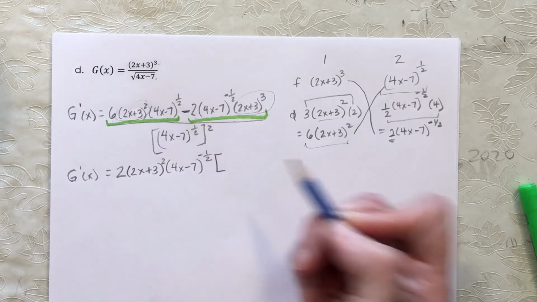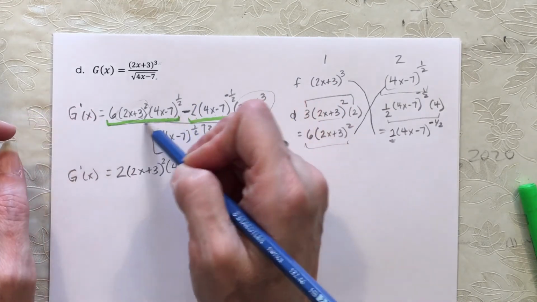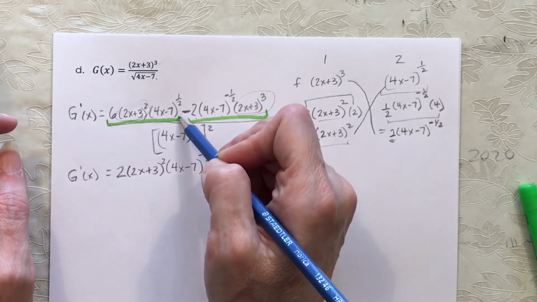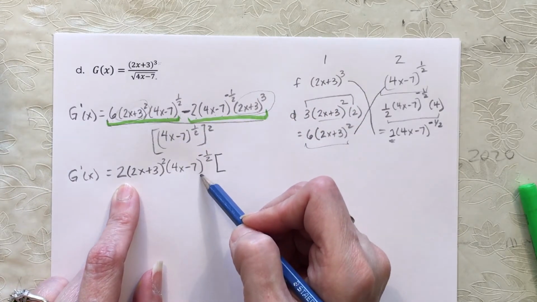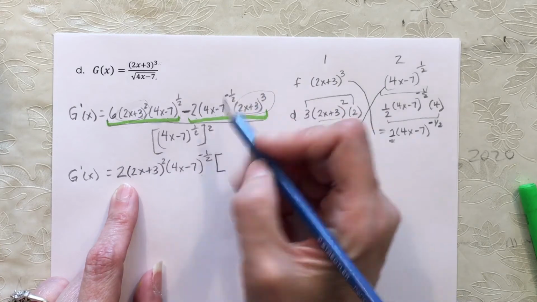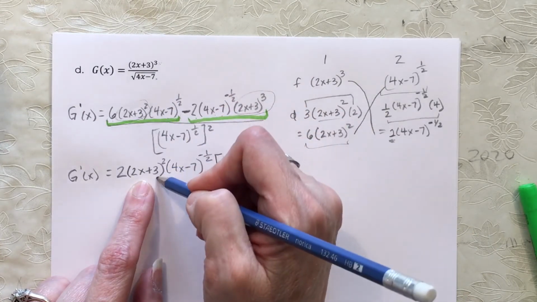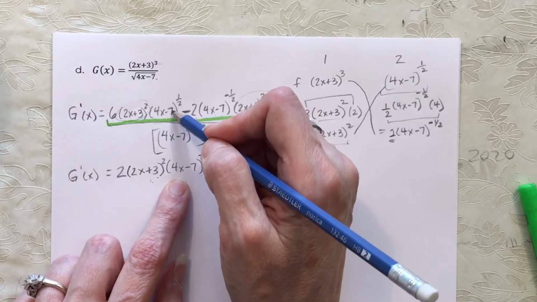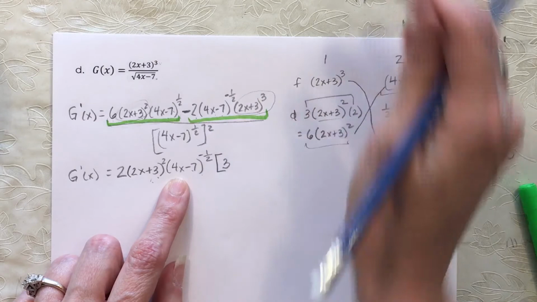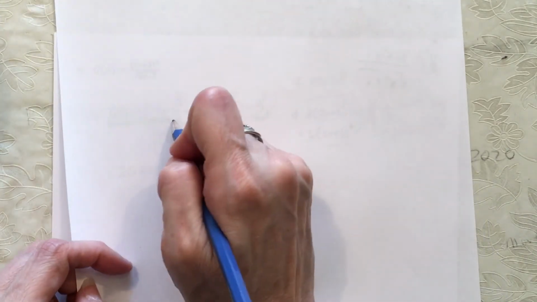So I'm going to open up a square bracket, and then I'm thinking about dividing this green chunk here that's in the numerator by this greatest common factor here that I've figured out. So I'm doing 6 divided by 2 is 3. (2x + 3) squared divided by (2x + 3) squared is 1. (4x - 7) to the positive half divided by (4x - 7) to the negative half. So again, we've learned how to do that.